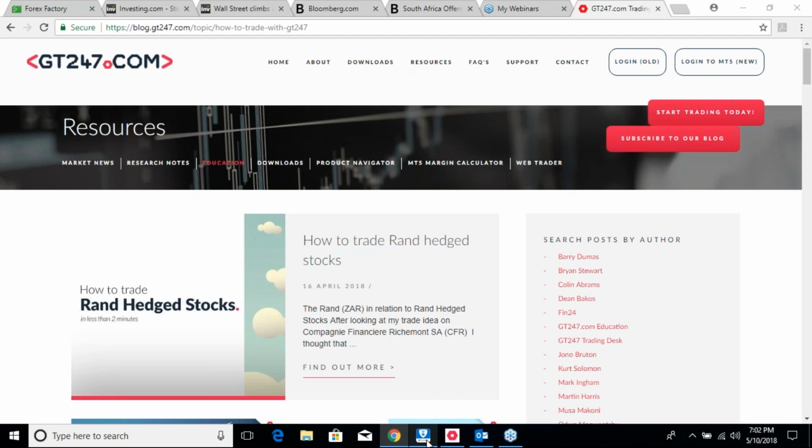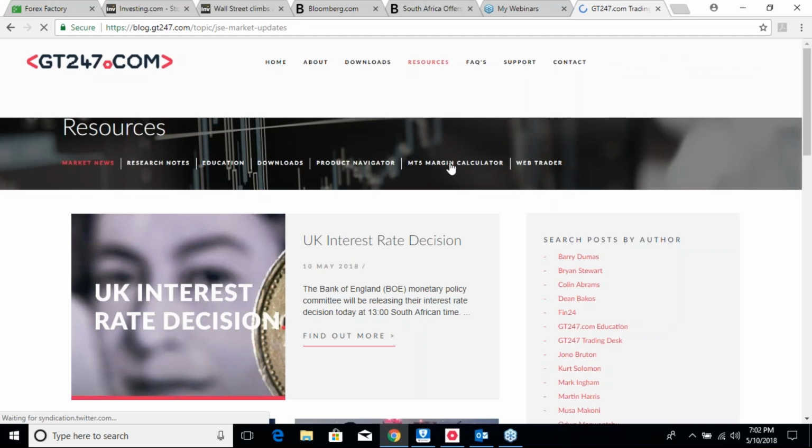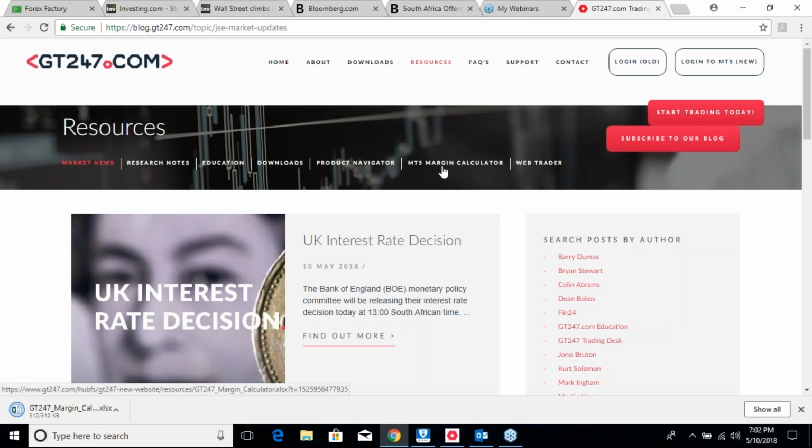Okay, and then we have to explain margin call or margin. Go to resources again. Go to margin calculator. You first have to download the margin calculator if you want to be able to calculate the margin.